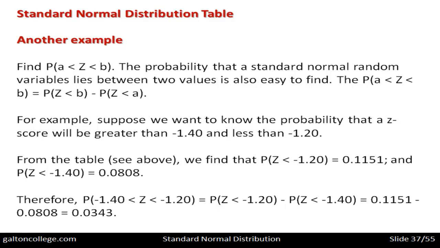Therefore, the probability that z lies between the two must be the difference between the two. It's the probability that z is less than minus 1.2 minus the probability that z is less than minus 1.4, which is just 0.0343.